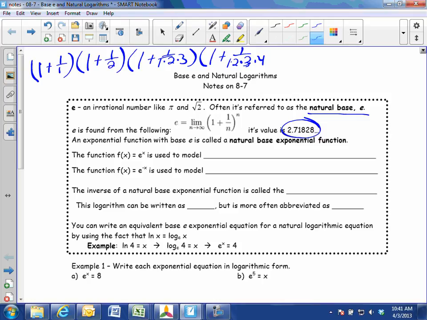Alright, so an exponential function with a base e is called a natural base function. It's used to model continuous exponential functions. So continuous exponential growth and decay.